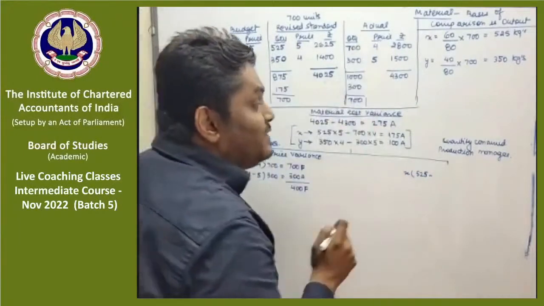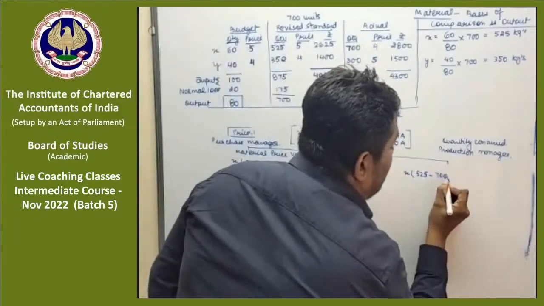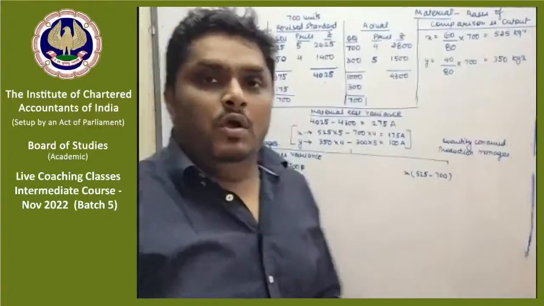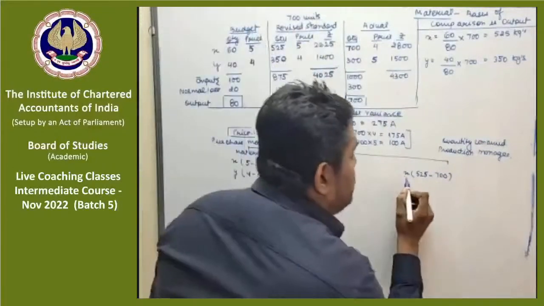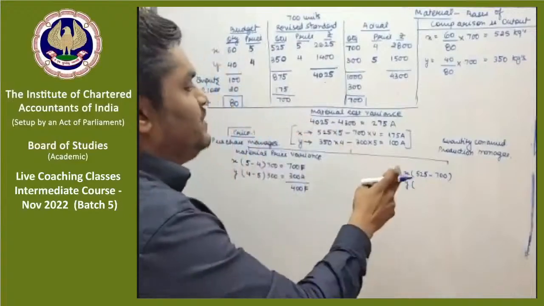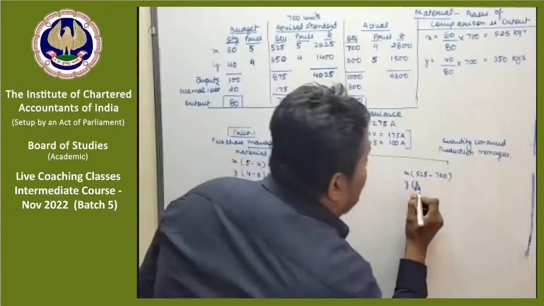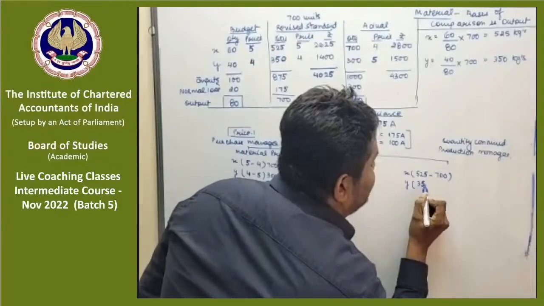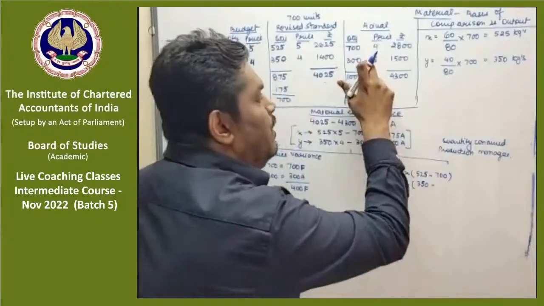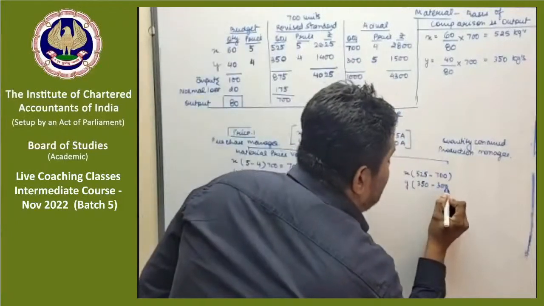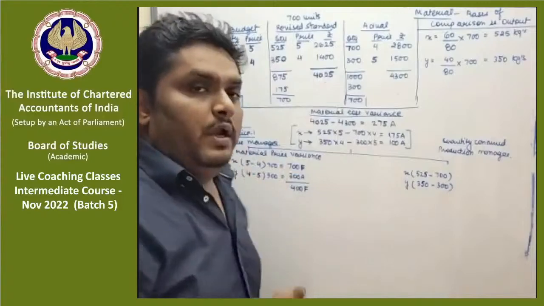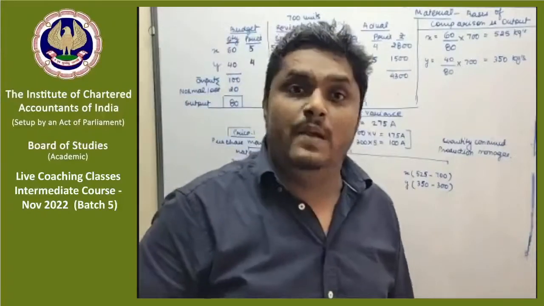How much did I actually use? 700 kgs. Very simple for Y also. How much quantity was supposed to be used for Y? 350 kgs. How much quantity was actually used? 300 kgs. Now, very important part, the pricing part.